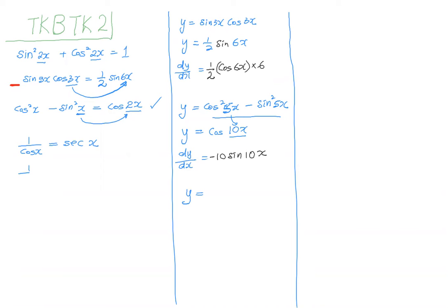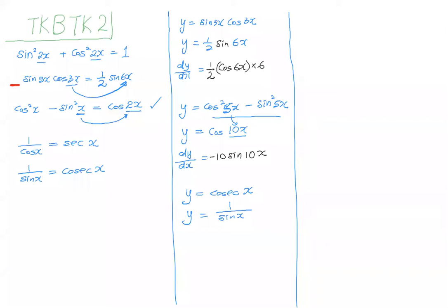1 over sin x is called cosec x. So if I give you y equal to cosec x, and I want you to find dy dx, so first step, I have to change it to, I know that cosec is 1 over sin. Clear?